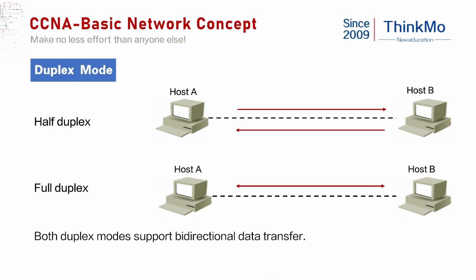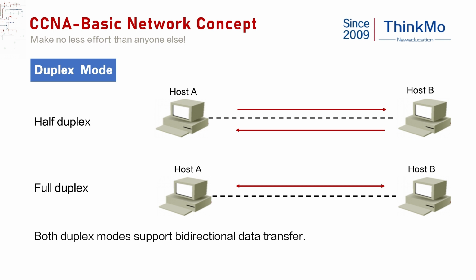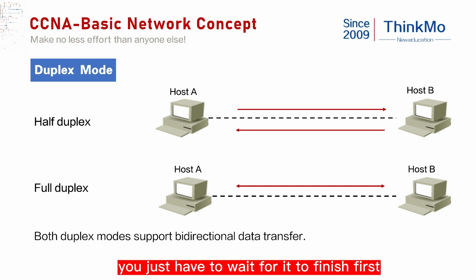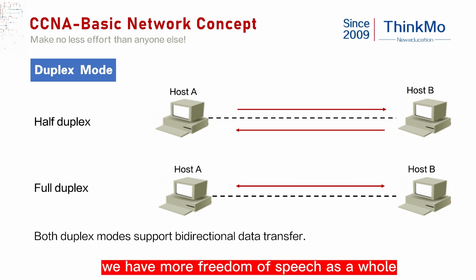For example, in a phone call to quarrel with someone, the two of you can argue at the same time. If it is a walkie-talkie, you just have to wait for it to finish first, then you scold back. Wait until it finishes scolding you, and then scold back. That is, we have more freedom of speech as a whole.